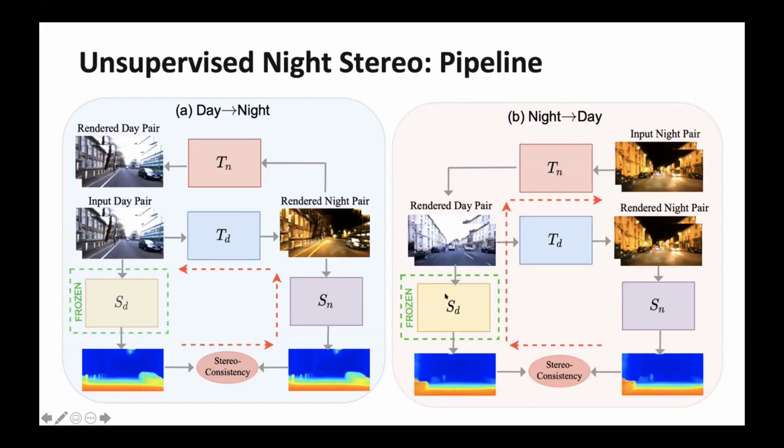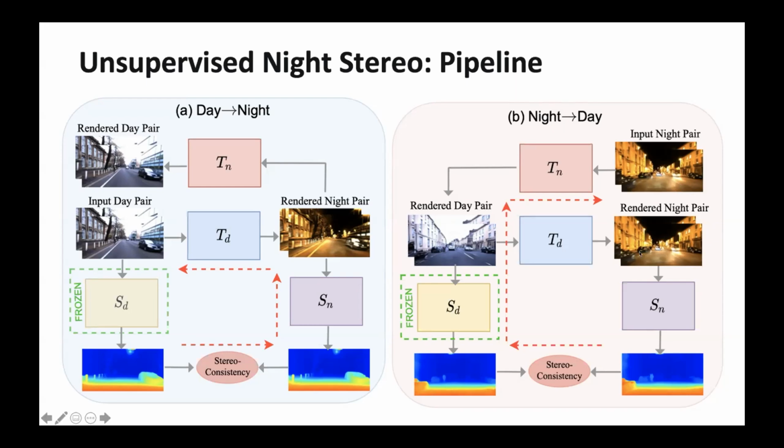For the day, we know that these are frozen because they are assumed to be correct. Then we have the depth, and again for the nighttime, although we have the original input nighttime, we actually don't use it. Why? Because SN here, the stereo depth estimation, is already used to the rendered nighttime. It's not used to the original input image, because these two are quite different.